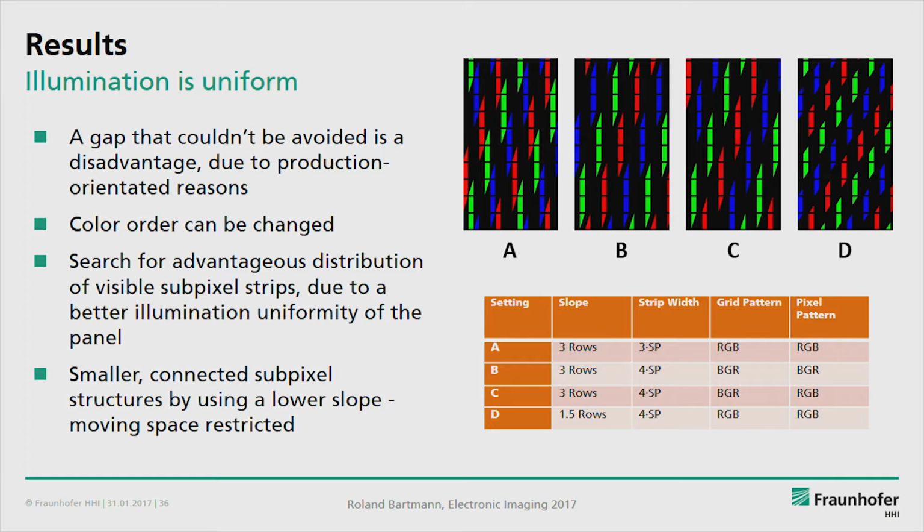We have calculated different parameters in our simulation, and there are different possible solutions for color filters. So that's the A variant with no gap. Then we have a gap, this 25% gap, but we can also change the order of the colors. Here from B to C, we change the order of the colors, and so we get better illumination uniformity of the panel.